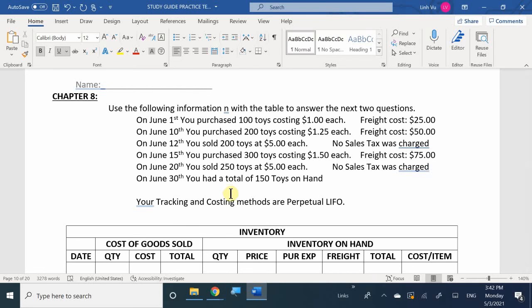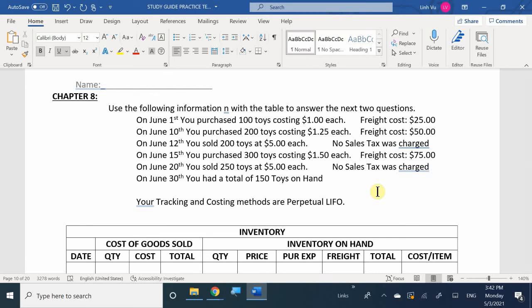All right, chapter 8. We're almost done here. Now we're taking a look at the similar, if not the same exact scenario. However, our tracking and costing methods are going to be perpetual LIFO.